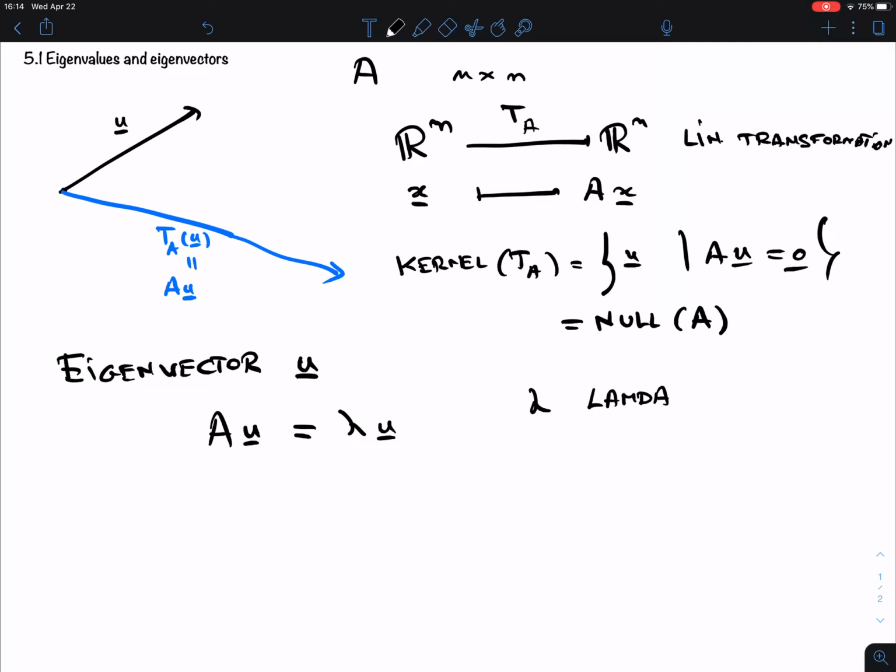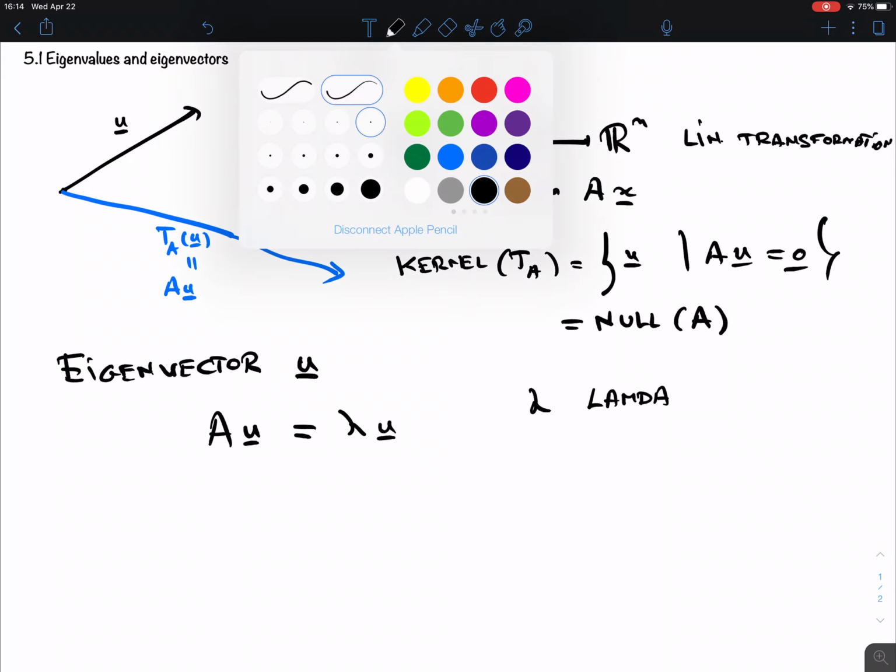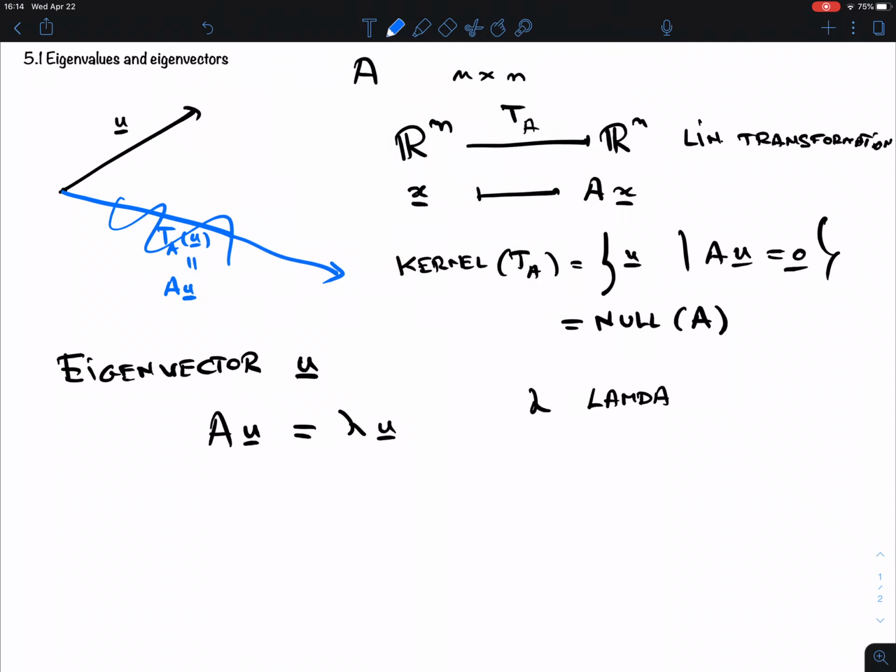So an eigenvector is a vector so that the image of u under this matrix is a multiple of u. In this particular case the blue vector would not be this one, but something like this. This would be lambda times u. Notice that lambda could be negative, and therefore the vector could point in the other direction.